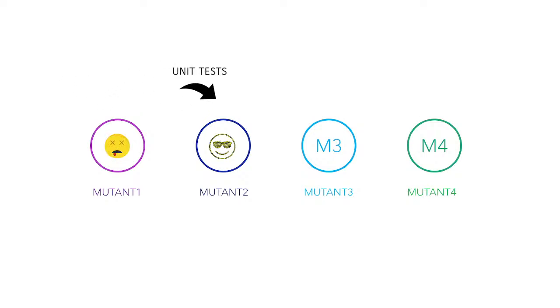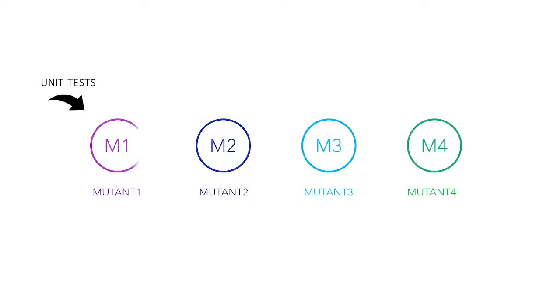Because your tests realize that it wasn't your original code. It was your mutated code. If your test approves this mutated version of your program, then the mutant is considered as alive. But why is it considered as alive?